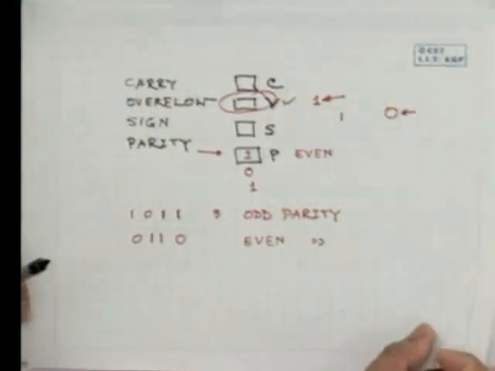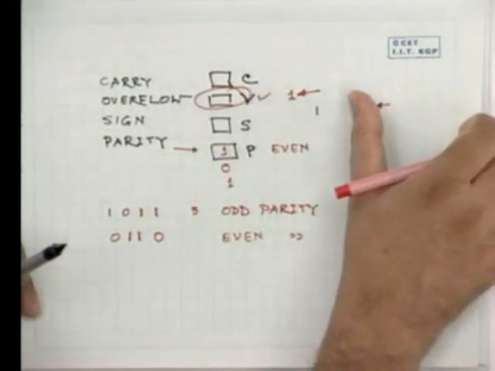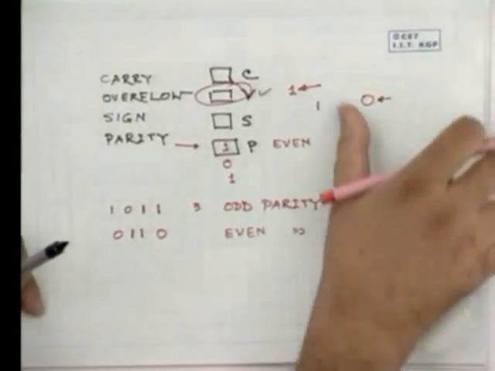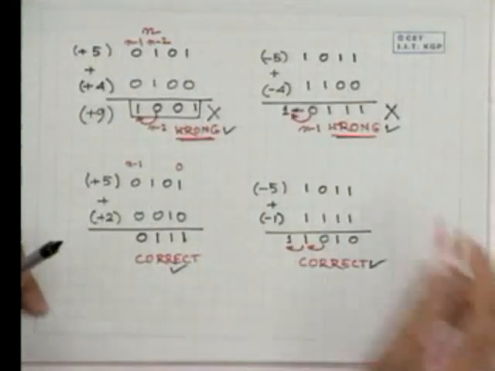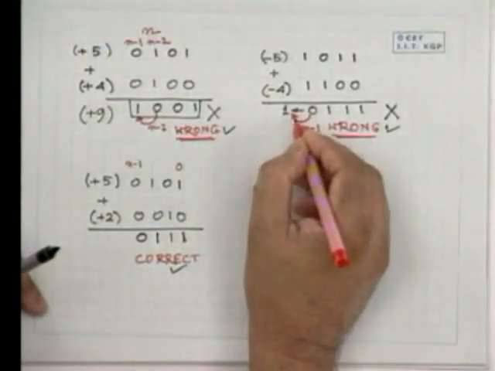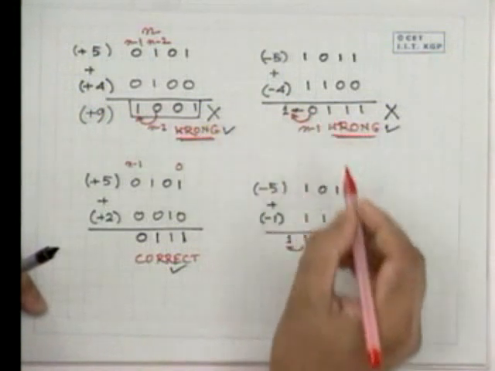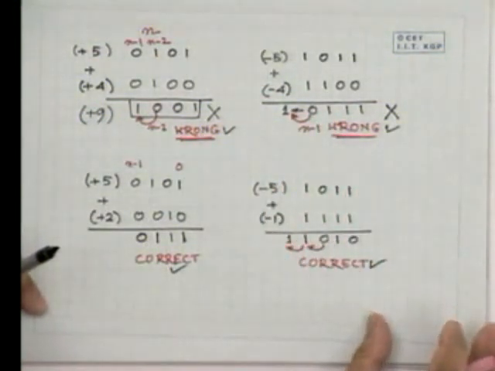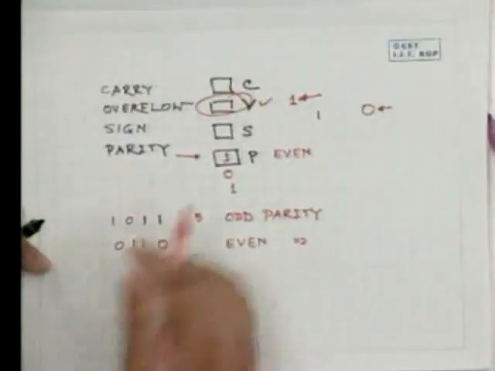Okay. As we'll find later on, a simple exclusive OR gate will do the job. Exclusive OR of this carry and this carry will detect the overflow.